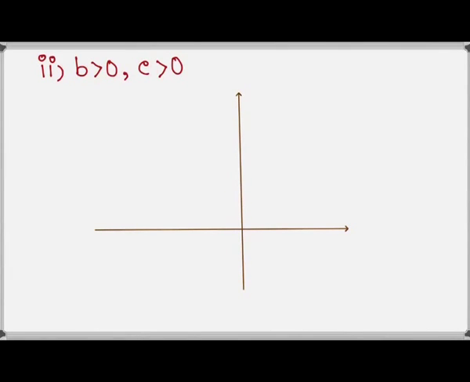Okay. Second subcase is b is strictly bigger than 0 and c is strictly bigger than 0. And here the parabola looks like this. So the vertex P is here and the y-intercept is here, and here also no real solution.